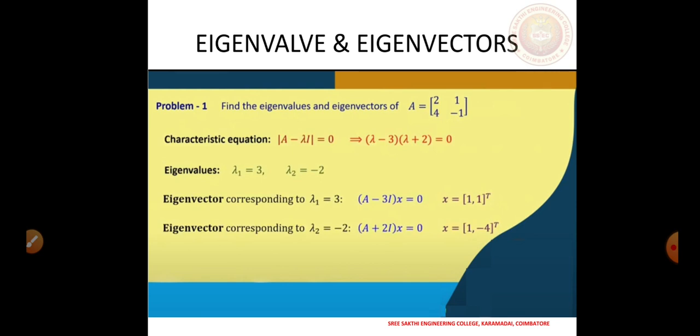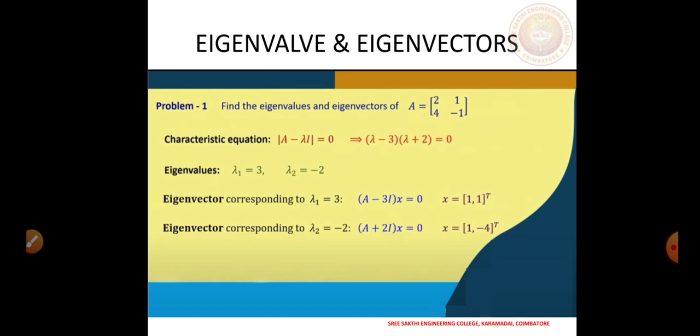First we have to write down the characteristic equation. We need to solve the determinant of A minus lambda I equal to 0, where lambda is multiplied by the identity matrix.